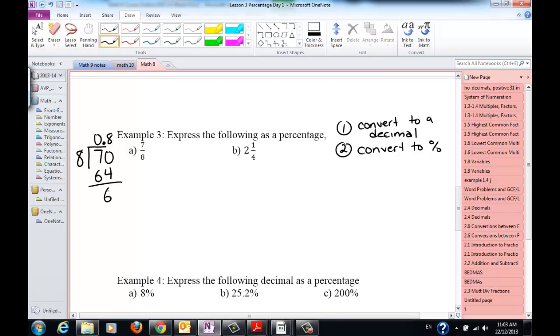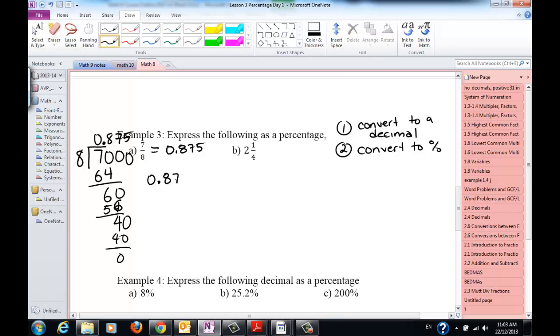And then if I put in another 0 and pull that down, again, it gets pretty close. 8 times 7 is 56. And there's 4 remaining. Well, notice that 8 does go into 40 5 times. So I get that this is equal to 0.875.